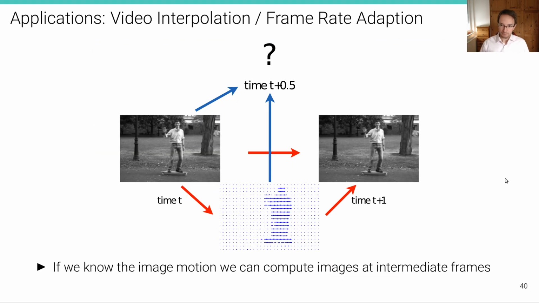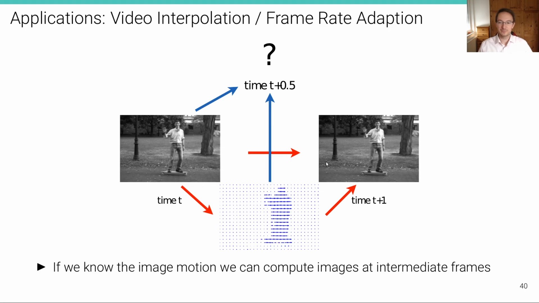Now, of course, optical flow has many important applications also in computer vision. One application is video interpolation or frame rate adaptation. If we know the image motion between two frames, this is Michael Black here, who is a pioneer in optical flow.